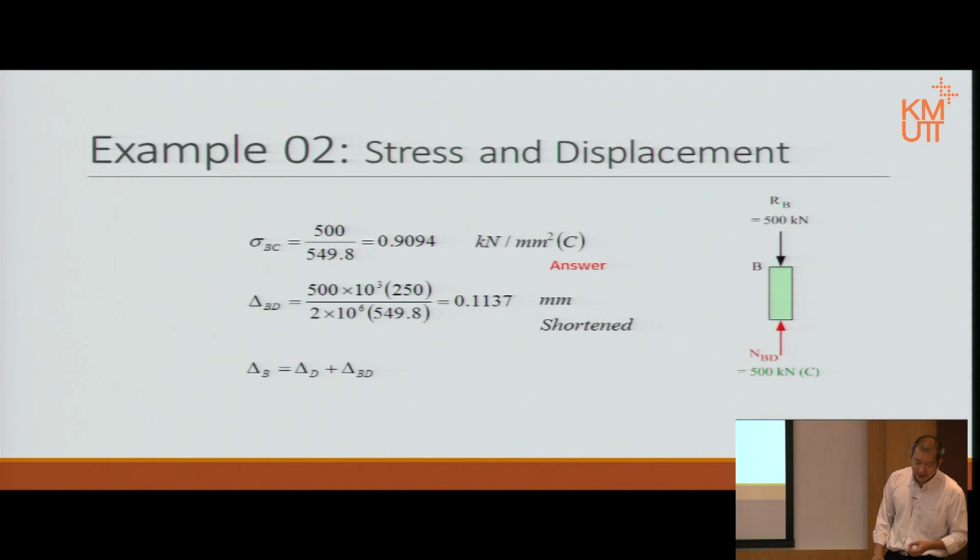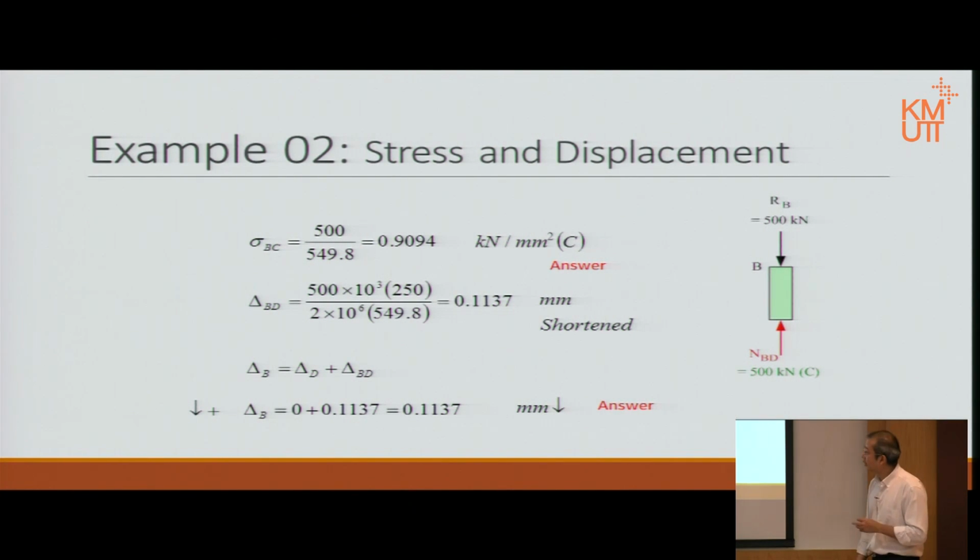Now, the same idea. Remember, at point D is a fixed support, right? So it is the reference point, meaning it doesn't move, or if it moves, we can measure it because there is support there. Therefore, delta B will be relative to delta D. But since D doesn't move, we can conclude that B has to move down.